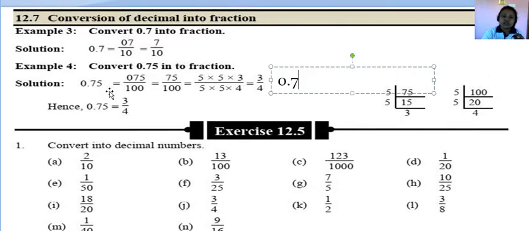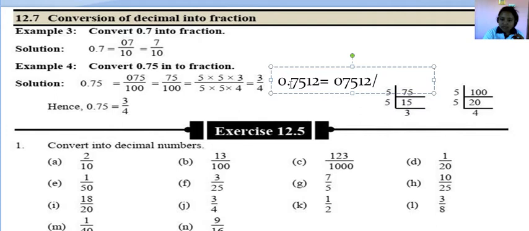So suppose this is 0.75, right? Suppose there will be 0.7512. Then what happens? Now I'll be writing 0.7512 the same, divided by this decimal, which will be considered as what?